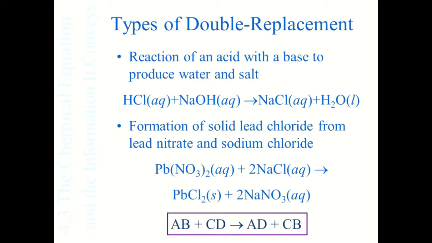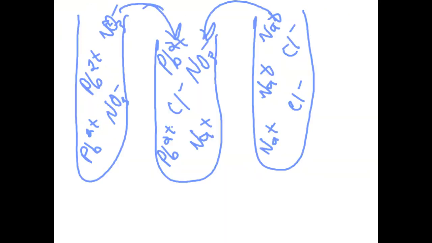And the answer to that question is yes. Lead chloride becomes a what? A solid. So the leads will go around and they will find the chlorines and they will become a solid product.